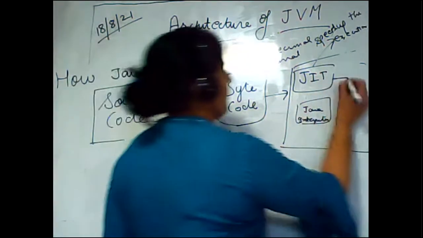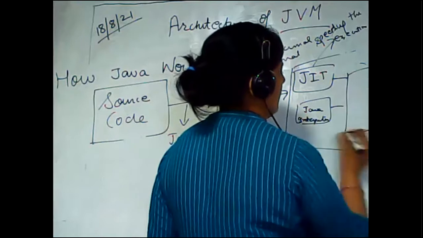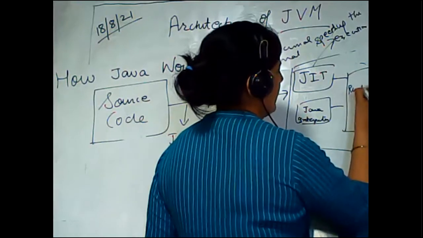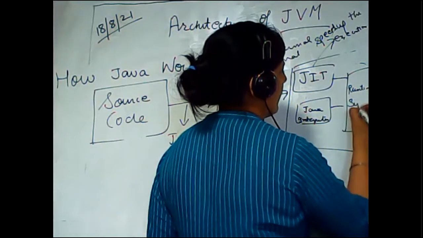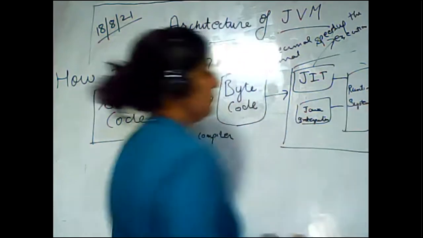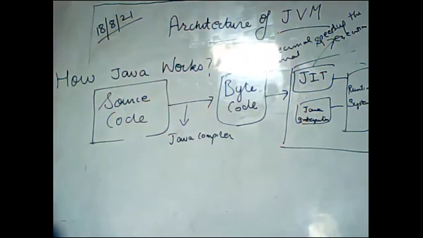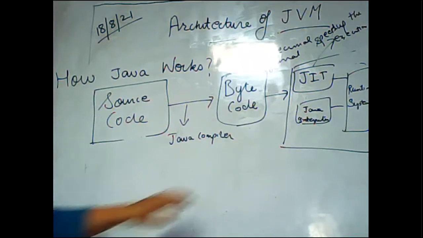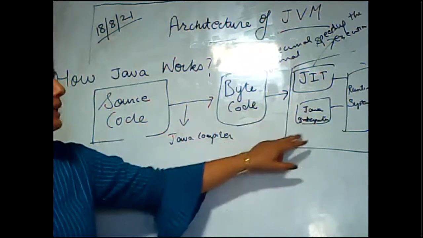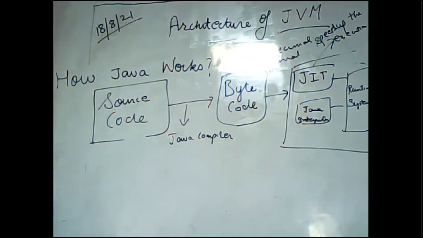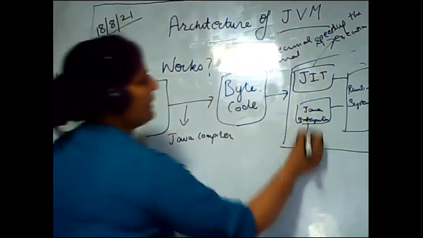Clear? So JVM basically consists of these three things: the just-in-time compiler, the Java interpreter, and the runtime system. And after that, what is the purpose of this Java interpreter?